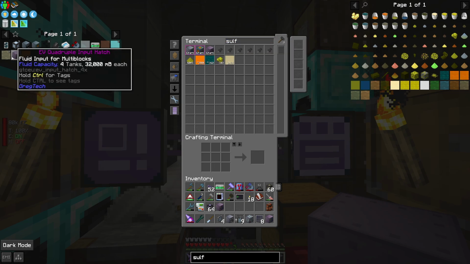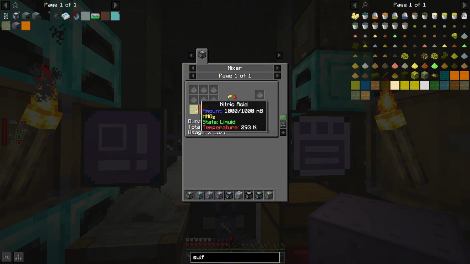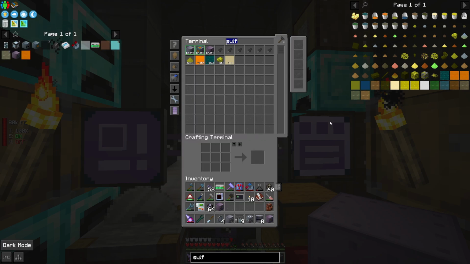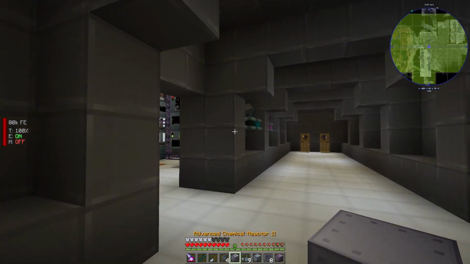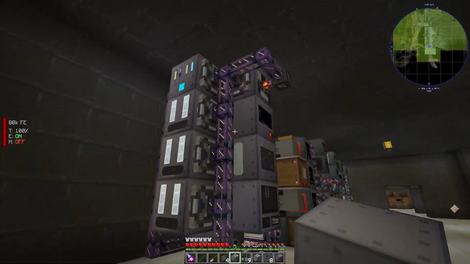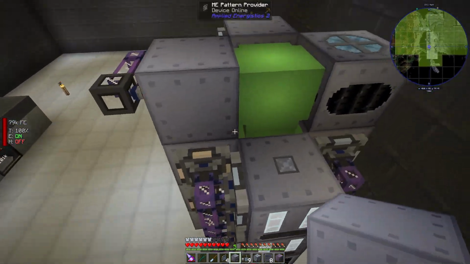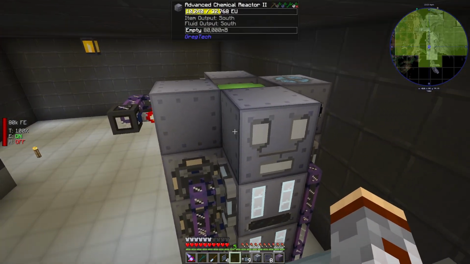All right, so now we want to make the nitration mixture. So we're going to need the mixer. But we also need the nitric acid first. So we are going to go with the chemical reactor, which I have right here. Okay, so let's get up here. Put that there.